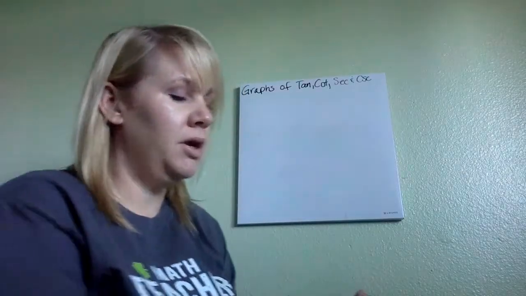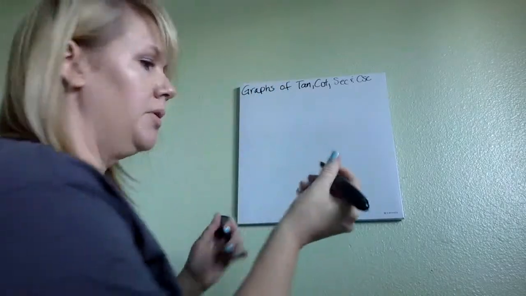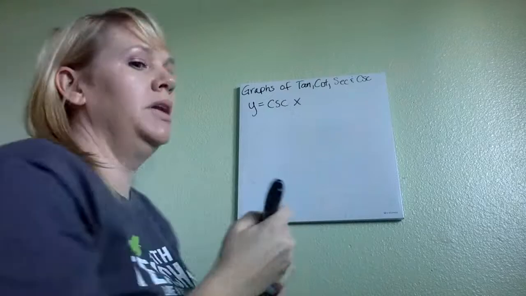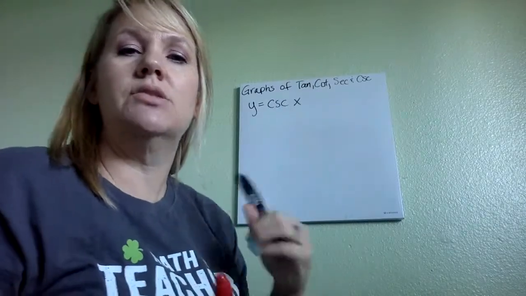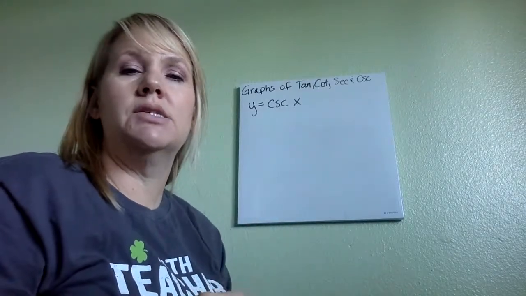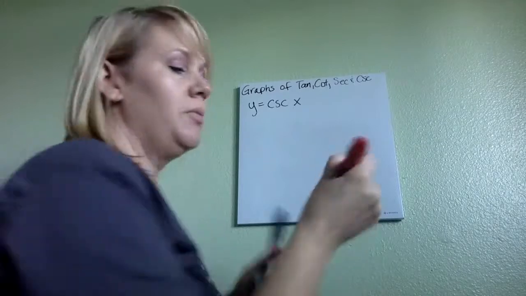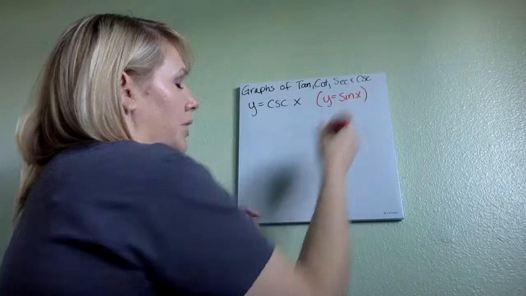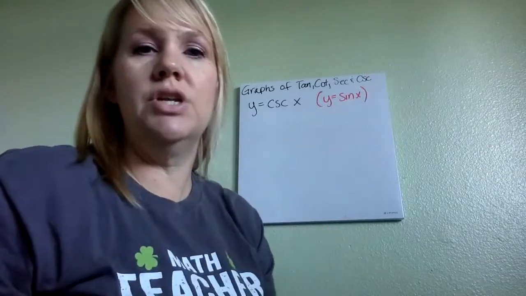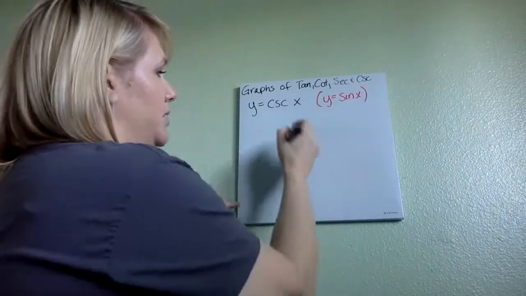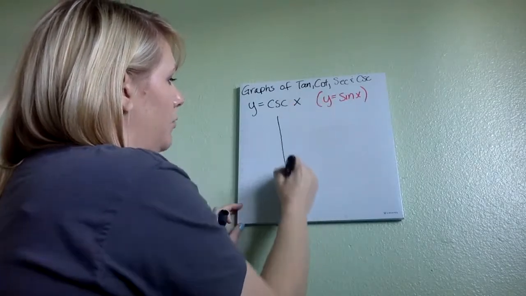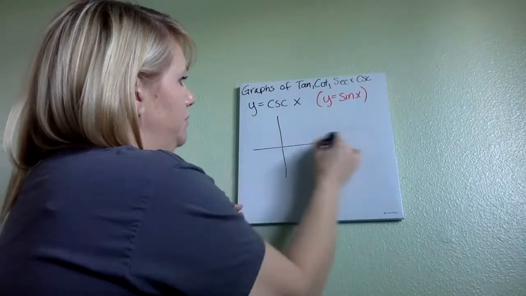So if I'm going to graph the cosecant function, I'm going to start by graphing its reciprocal. The cosecant is the reciprocal of the sine function, so I'm actually going to start by graphing the sine function. Then we're going to look at some properties of the sine function and use those things to help us graph the cosecant function. So I'll go ahead and graph just one full period of the sine function.